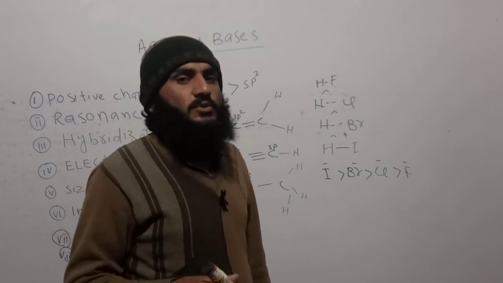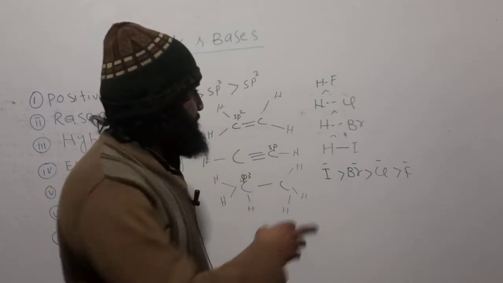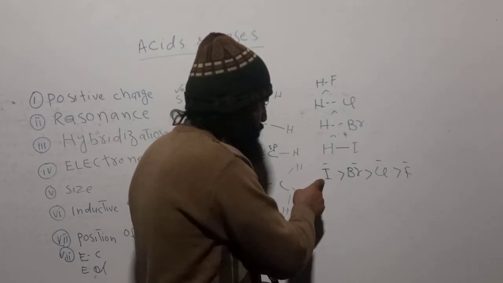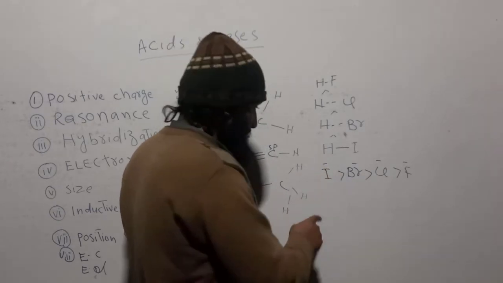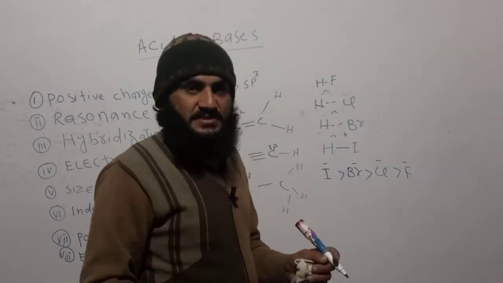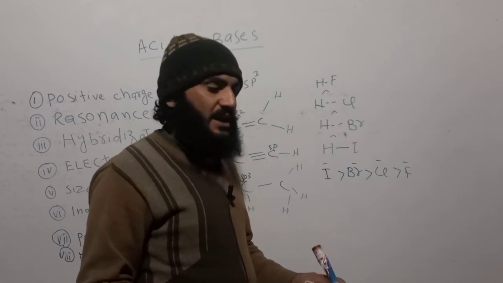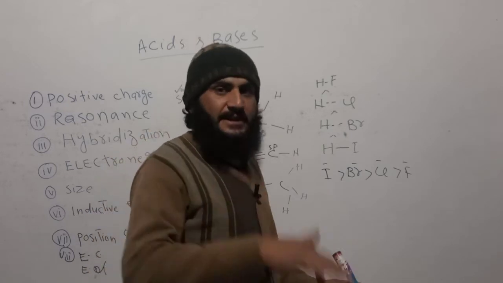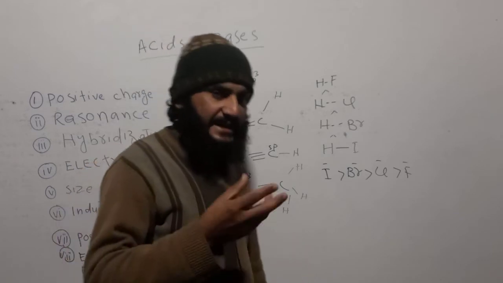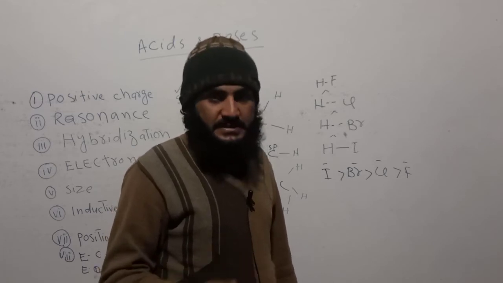A stronger acid will have the most stable conjugate base, because you can see here the base has a large size, its charge density decreases, its reactivity decreases, because if charge density decreases, no one can attack this negative charge. So a stronger acid will have the most stable conjugate base.